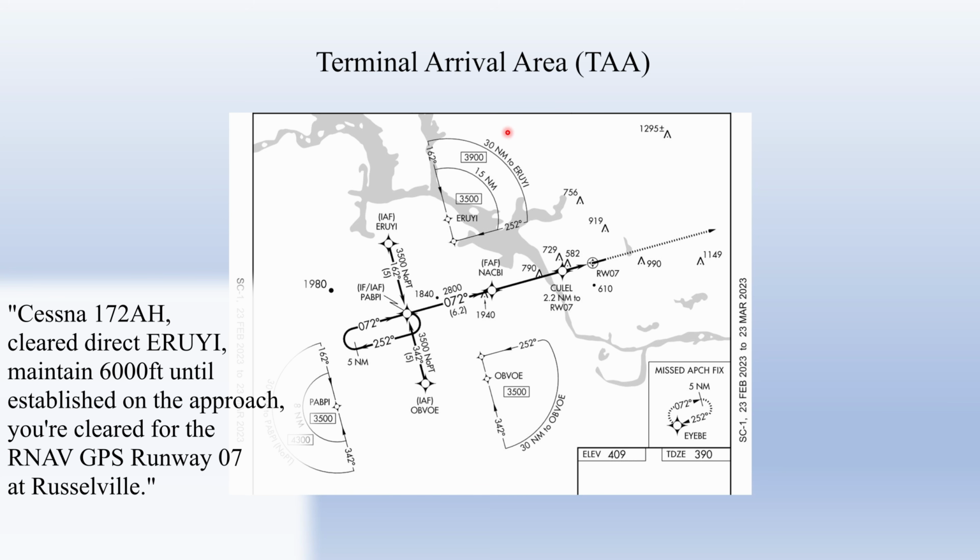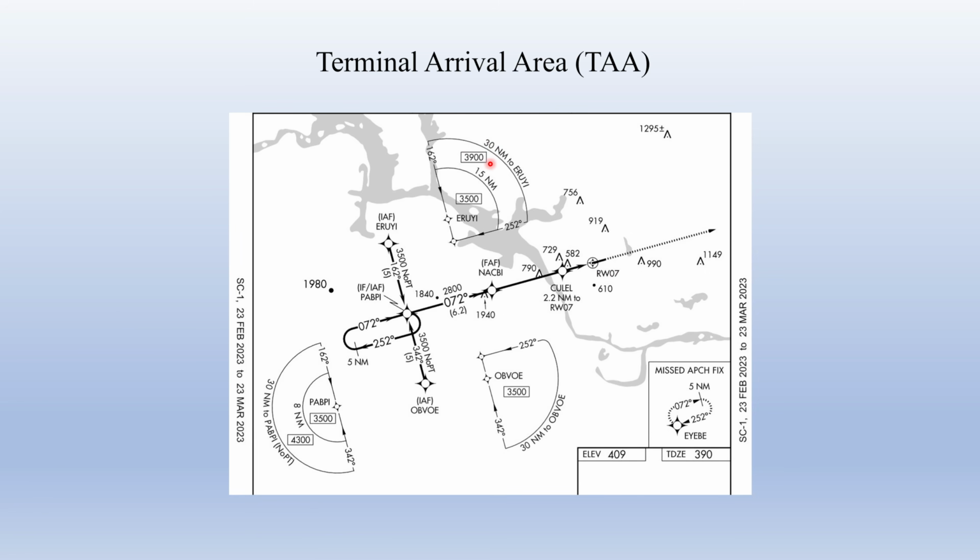You're cleared for the RNAV GPS to runway 7 at Russellville, which is where this approach is. Since we are already within 30 nautical miles, we can go ahead and descend from 6,000 down to 3,900 feet. When we get to 15 nautical miles from Irui, we can go down to 3,500 feet.